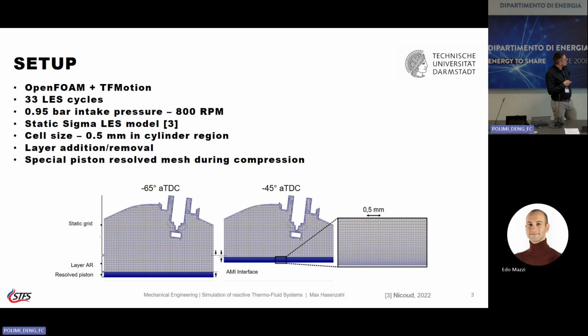But we have this very highly resolved piston top mesh that's connected to this core mesh with an AMI interface. And this is how we got down to a resolution of below y+ of 1. So we can really call this a wall-resolved simulation at the piston top.